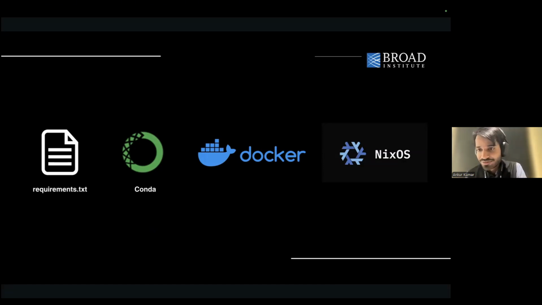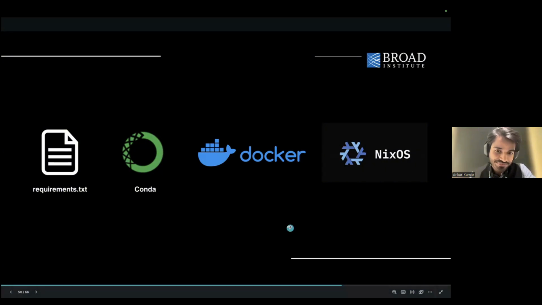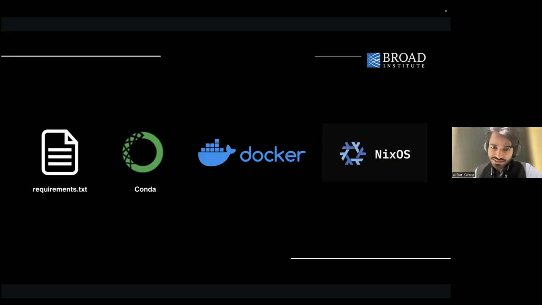Maybe some of you have heard about NixOS. We have also been on this journey. Right now, we are very heavy users of Nix internally. When you think about reproducibility in this context, you have to realize that it's a spectrum, right?